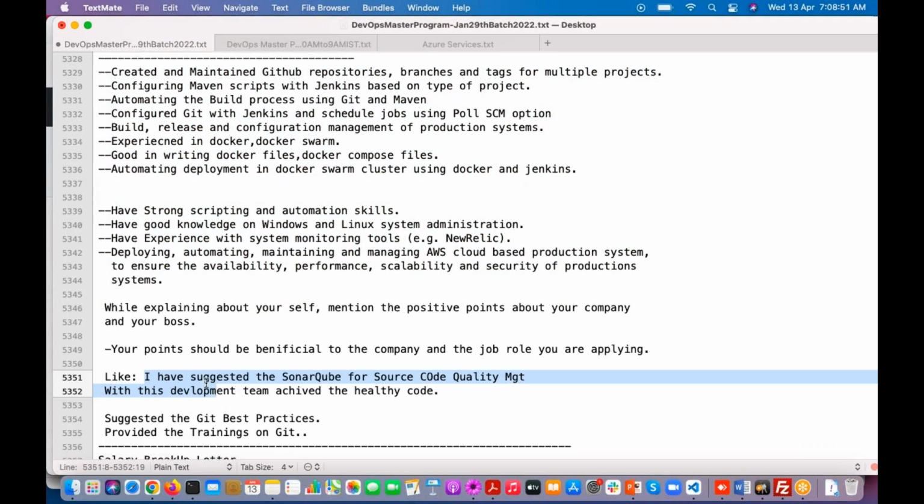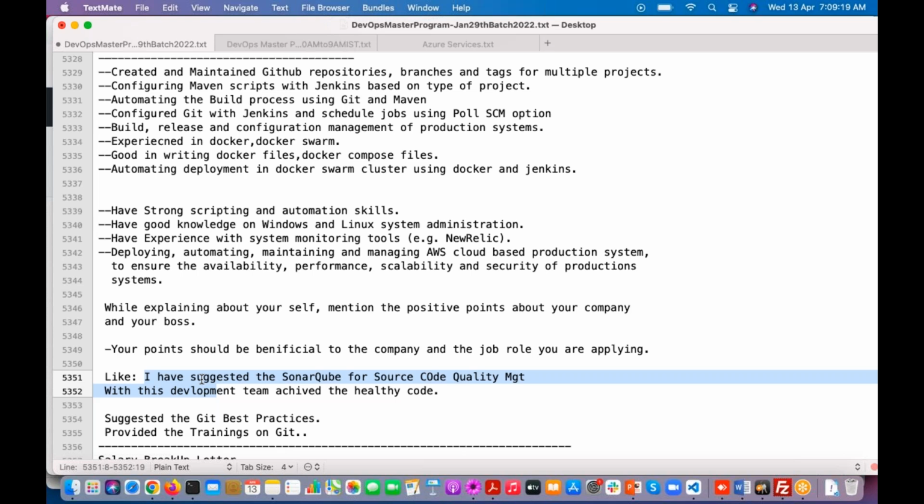I have suggested SonarQube for source code quality management. With this, the development team achieved healthy code. Before joining this project, they were not using SonarQube. I identified that the code was not properly written and they were not following all the standards.